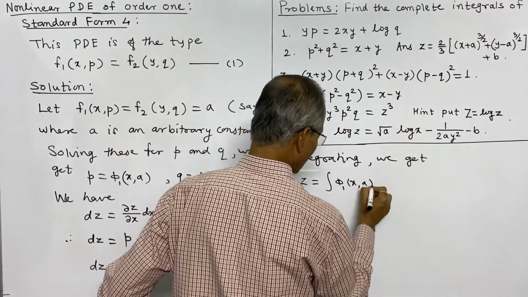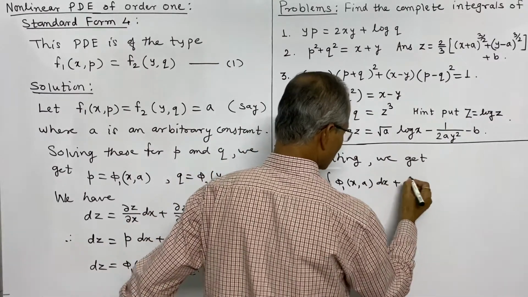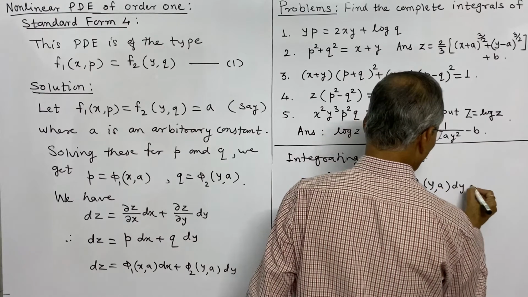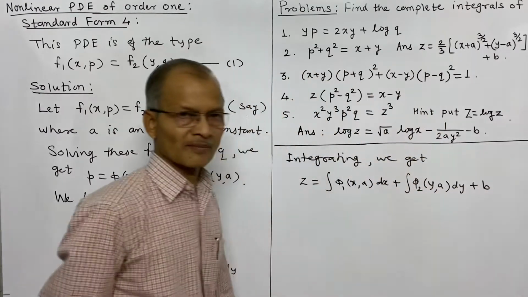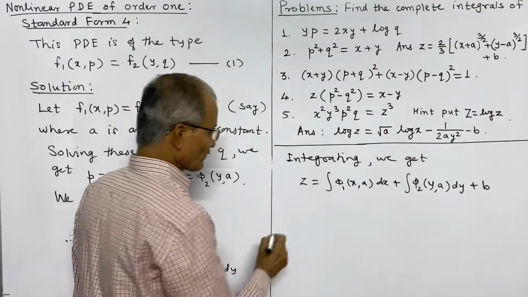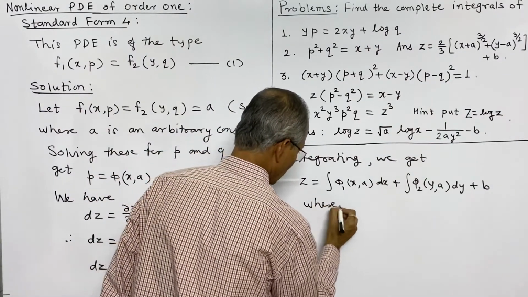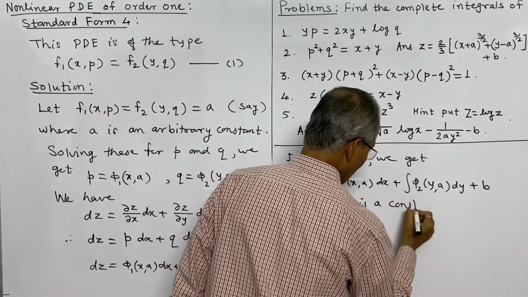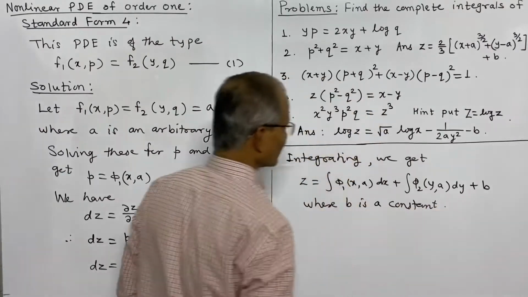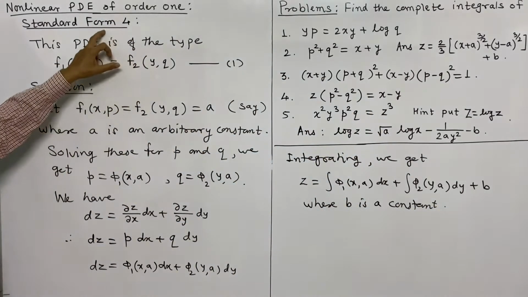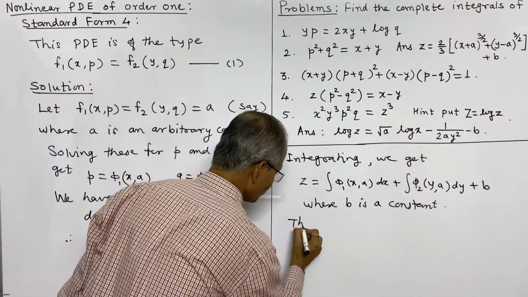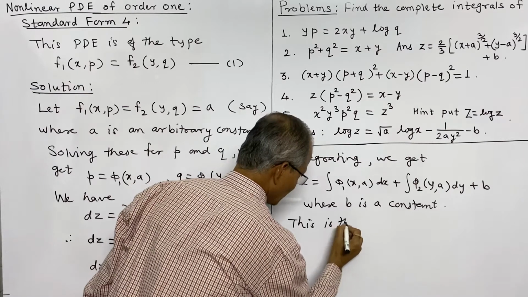Integration of phi1 with respect to x plus integration of phi2 with respect to y, and plus a constant b, where b is a constant. So this is the complete integral of the equation of type 4, of standard form 4. This is the complete integral.